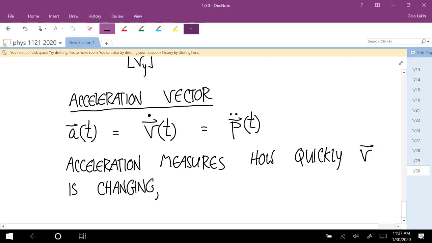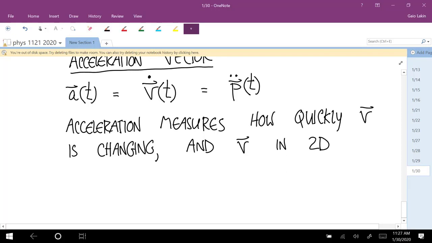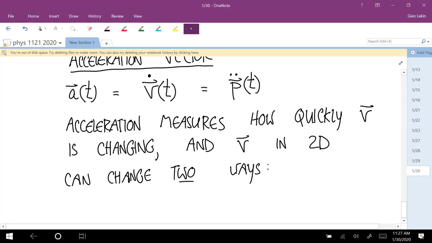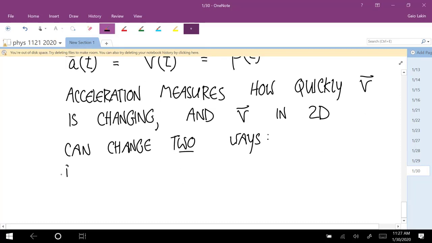And the velocity vector can change in two ways. So the velocity vector in 2D can change two ways. Its magnitude can change, or in other words, the speed can change.